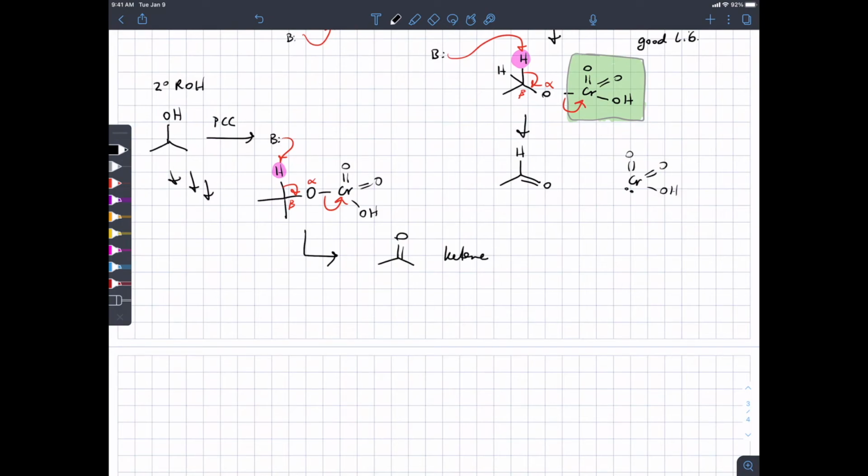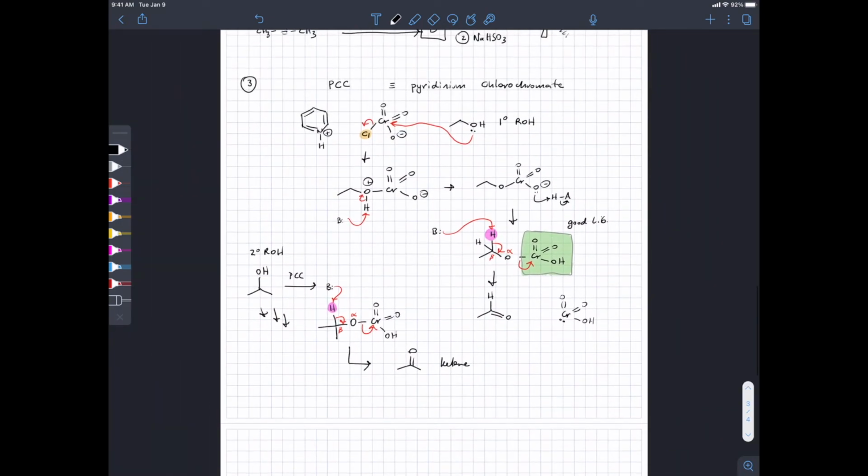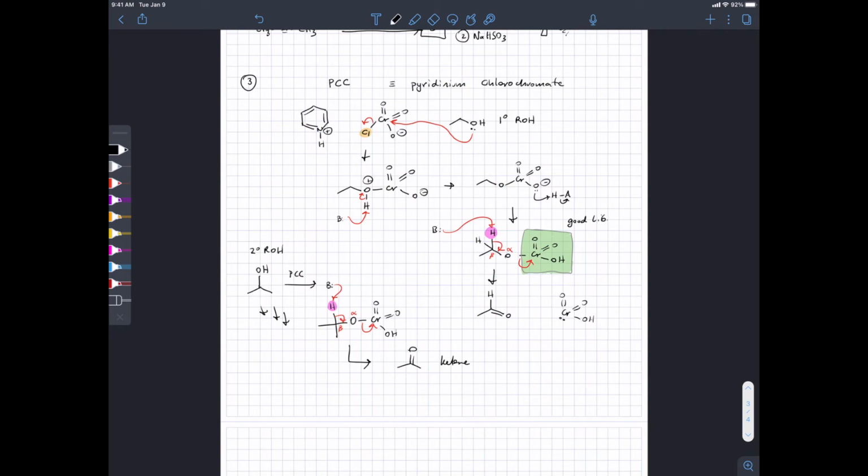All right. This pyridinium chlorochromate is an organic soluble reagent, and so typically we will use organic solvent. A popular one is dichloromethane. I don't mention that because you need to know it, but because that's a key reason why we can get to the aldehyde and stop. All right?